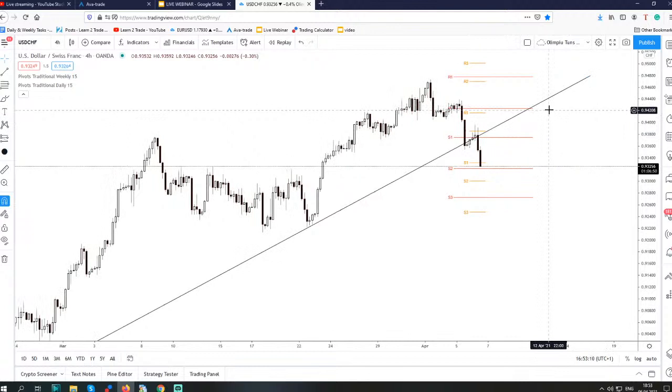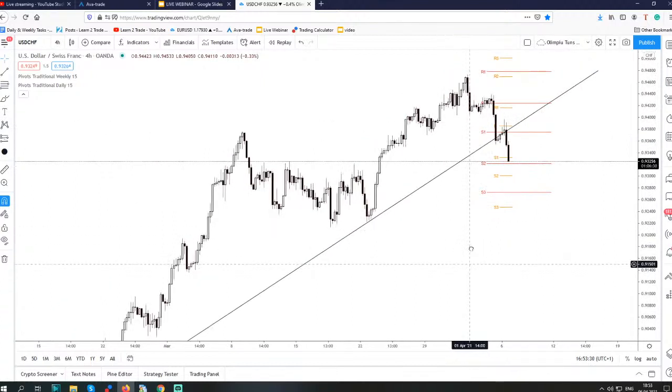Breakdown below the pivot point, and also here, which is most important, a valid breakdown below the weekly support S1 at 0.9374, also through the uptrend line.